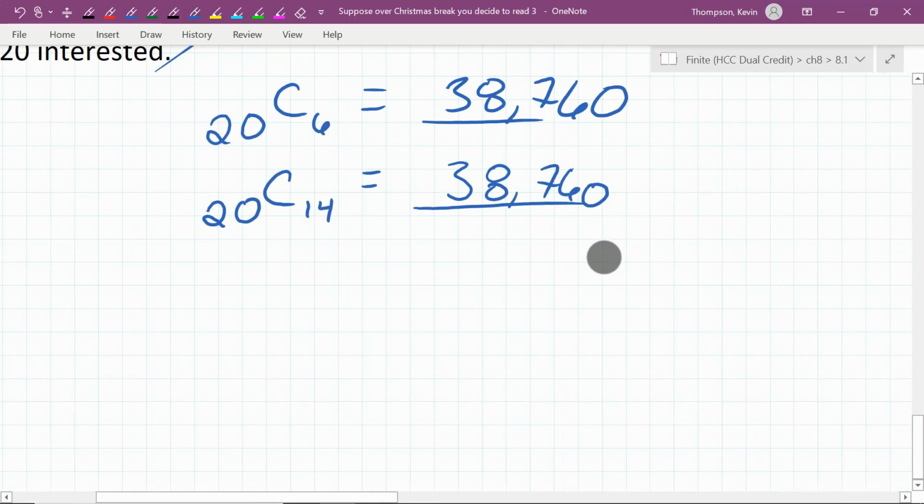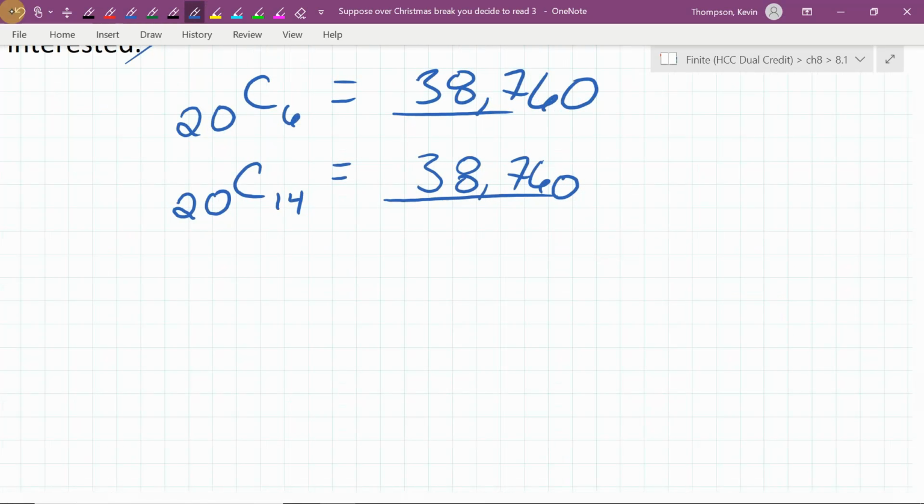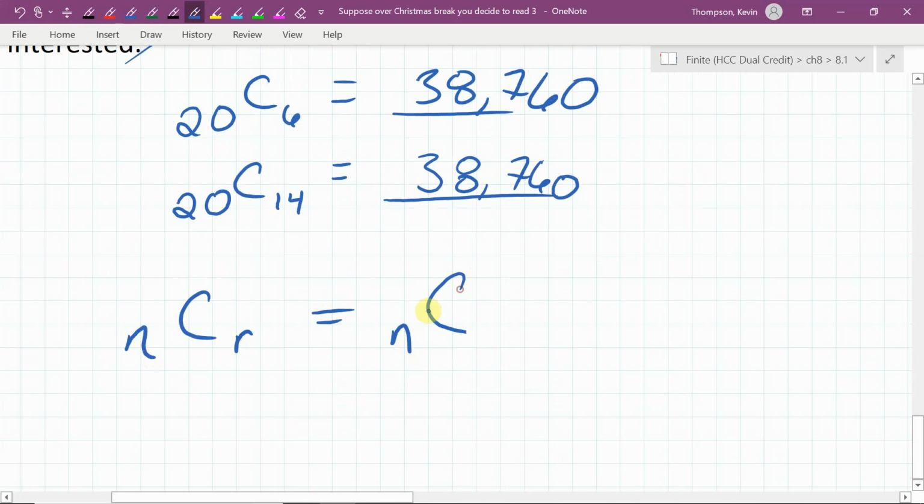So this is actually then always true. So if I would say nCr must always be the same as nC(n minus r). Just looking at this example, right? 20 and 6. So if I take 20 minus 6 and make that 14, they have to be the same.